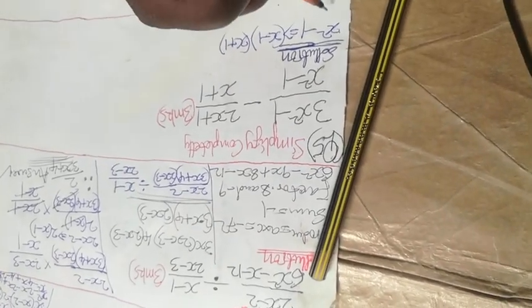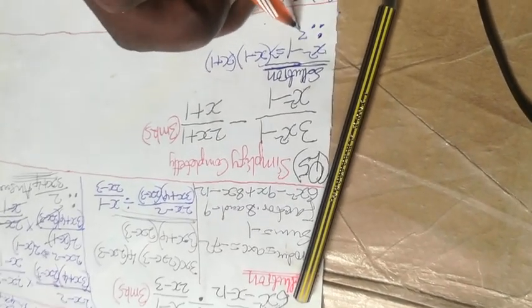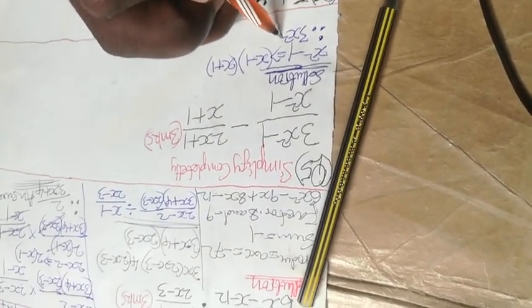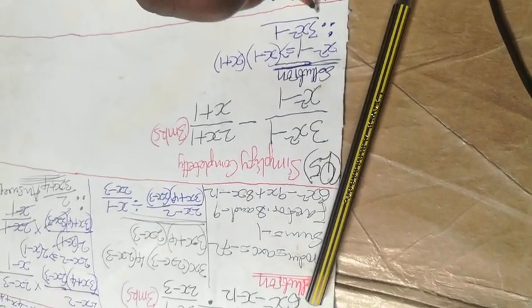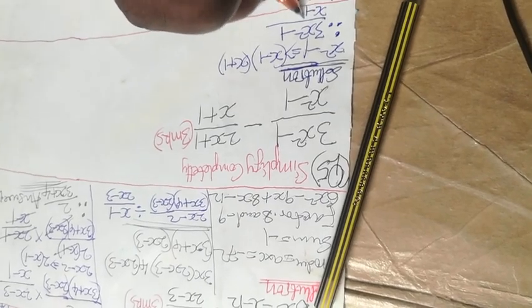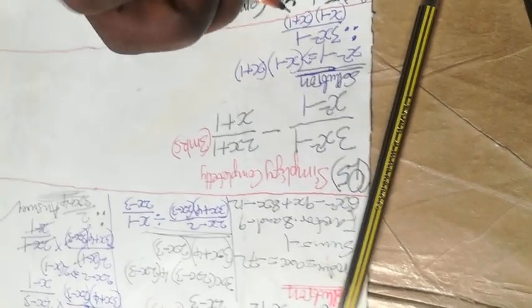Therefore we say 3x squared minus 1 all over x minus 1 into brackets x plus 1 into brackets.